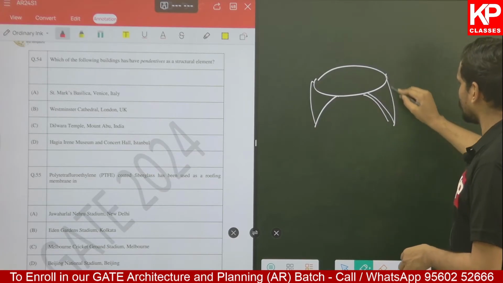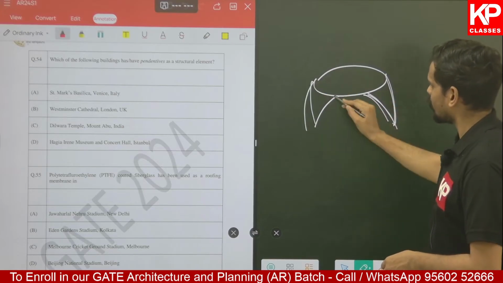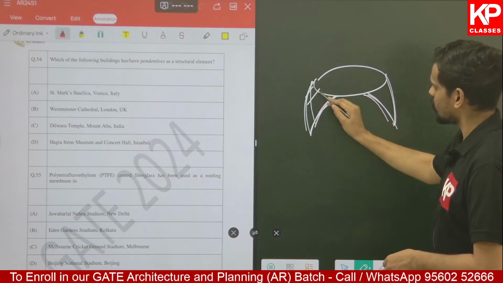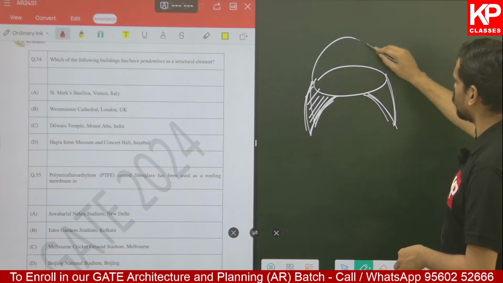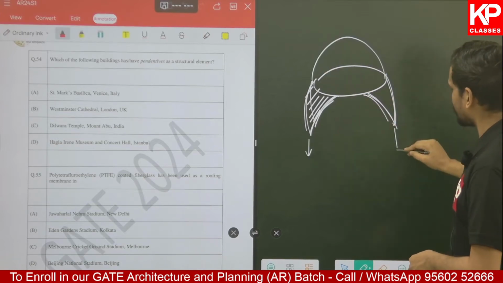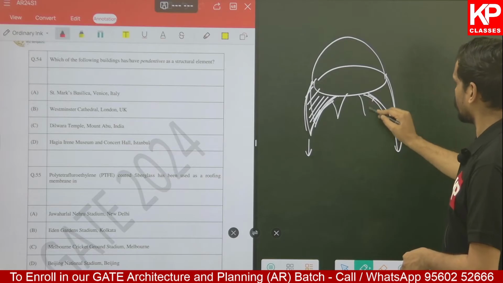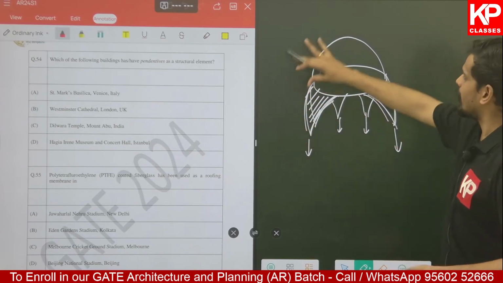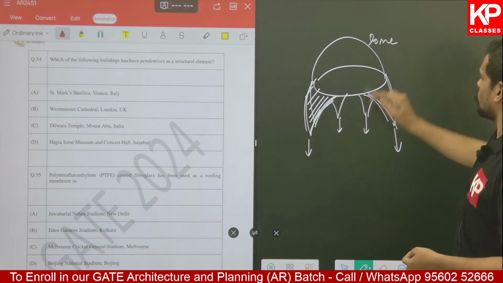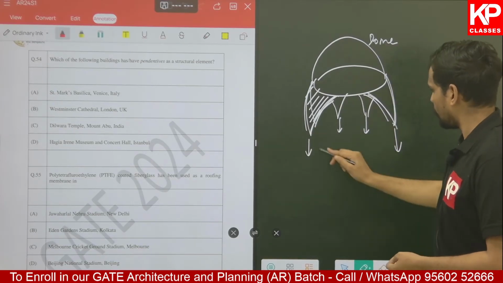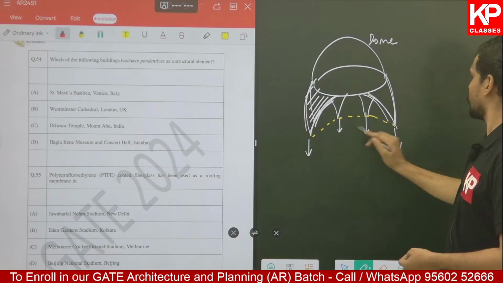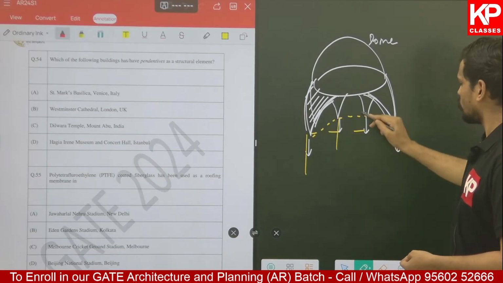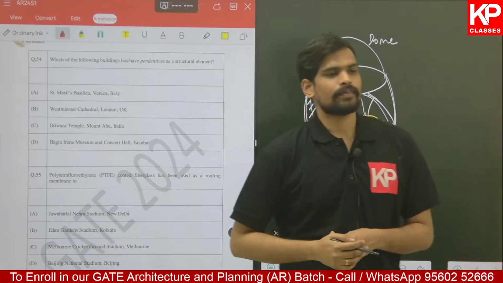So these concave triangular sections transfer the load of a dome onto 4 points. Generally 4 or 8 pendentives are used to transfer the load of a dome onto a square base, where the load will be transferred onto these 4 columns or 8 columns placed at the bottom.